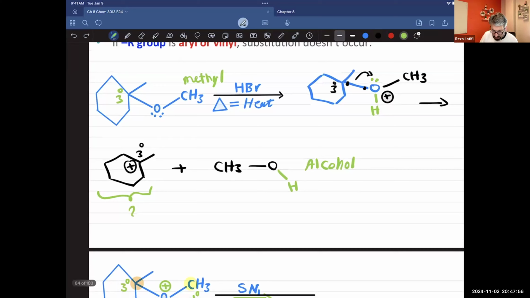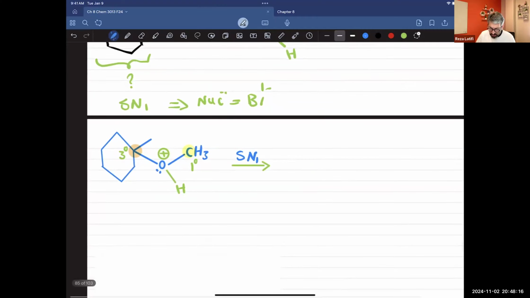Now, the question is, what's going to happen to this carbocation? This carbocation is going to get involved in an SN1 reaction. And what's going to be the nucleophile? The nucleophile in this SN1 reaction will be Br-. So next step, Br- will be added to the tertiary carbon, and it will give us alkyl halide. Okay. Again, as I said, this one is going to leave the system, and it will give us this intermediate plus CH3OH.